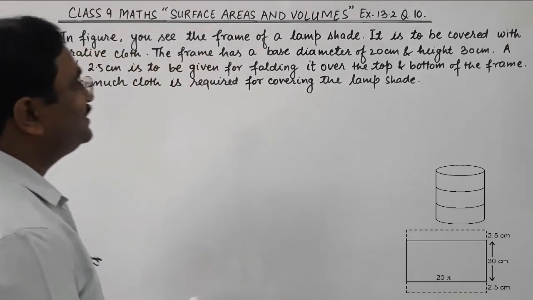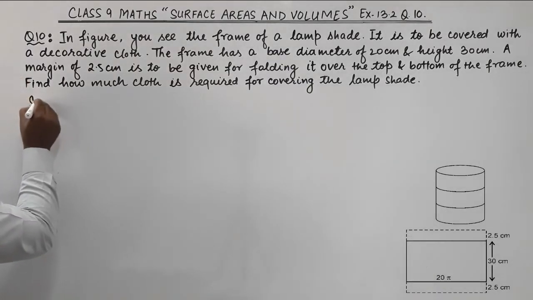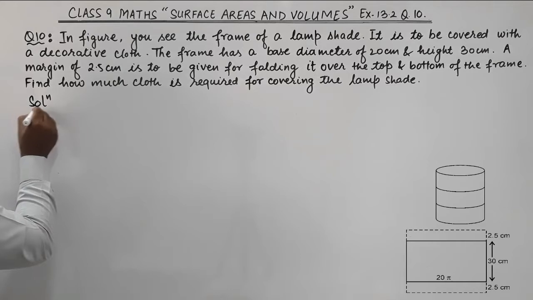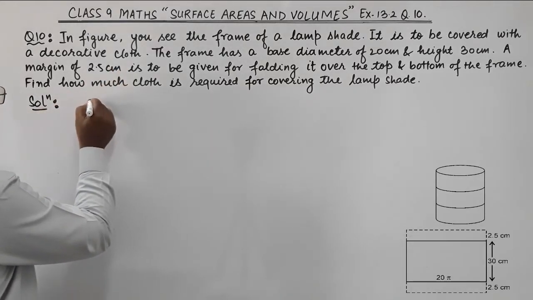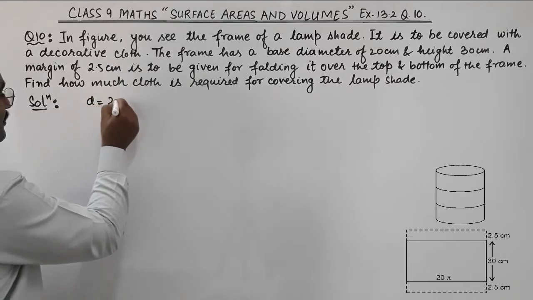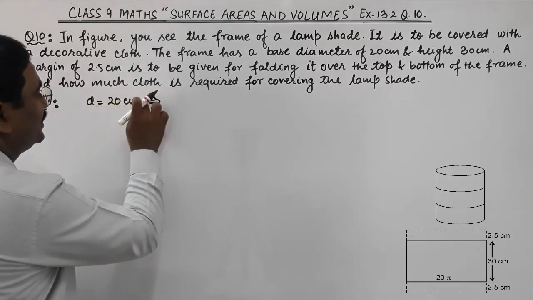So as the information is given, see the solution of this question. What is given in the solution? First, diameter of the base is given 20 centimeter. As diameter is 20 centimeter, its radius will be 10 centimeter.